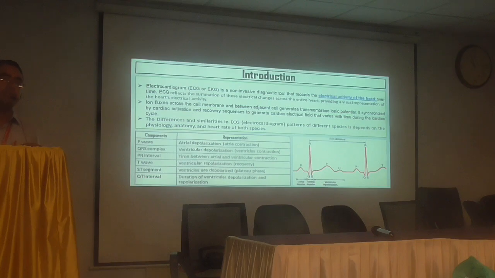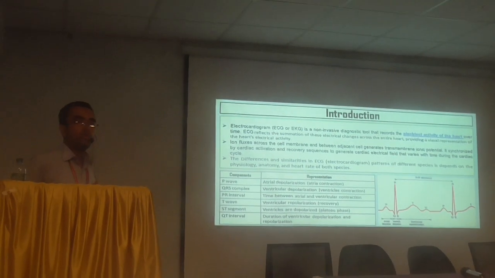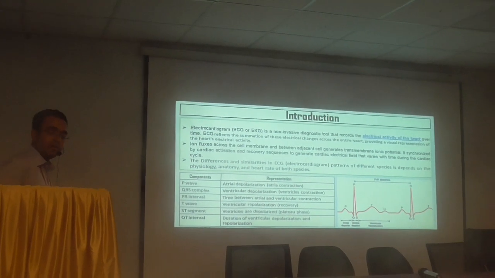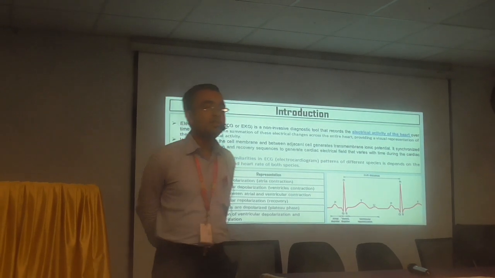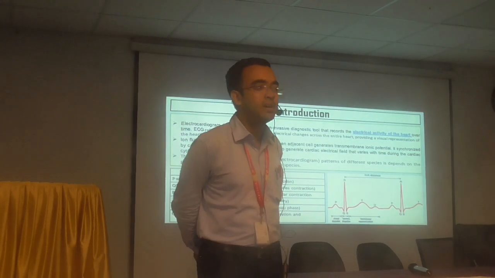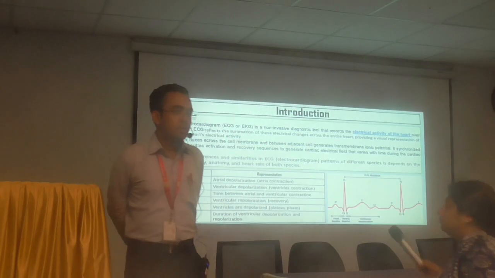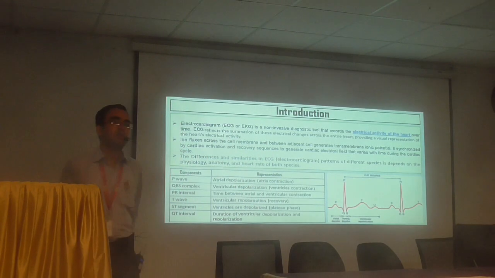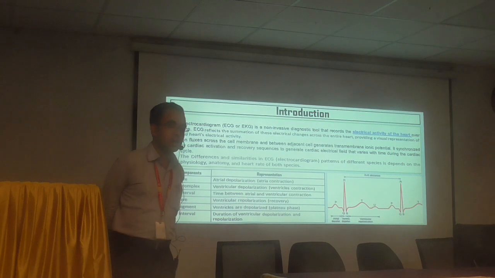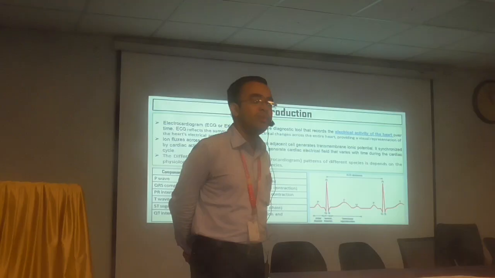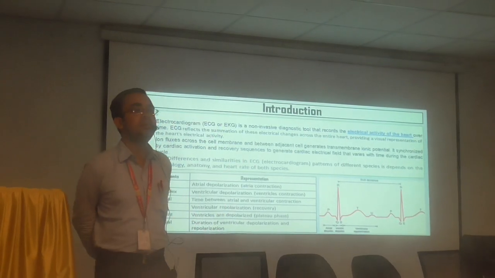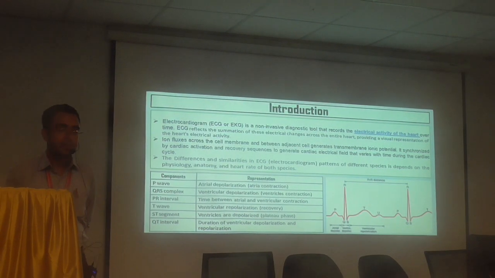And another thing, the heart also produces inherited and rhythmic electrical activity that is responsible for lifelong beating, right? So the major functions of heart muscles are excitability, contractility and rhythmicity, right?